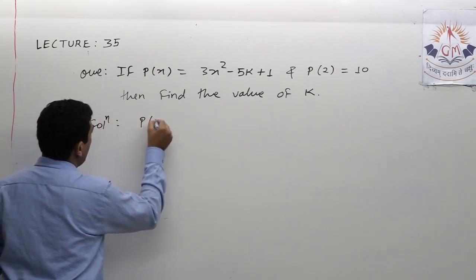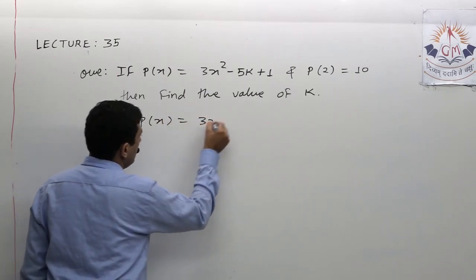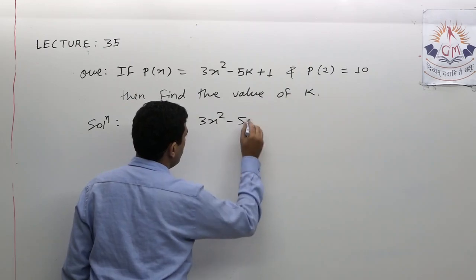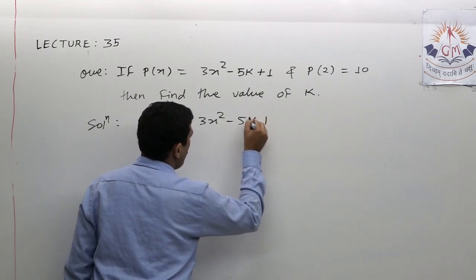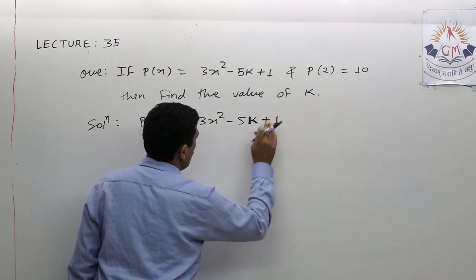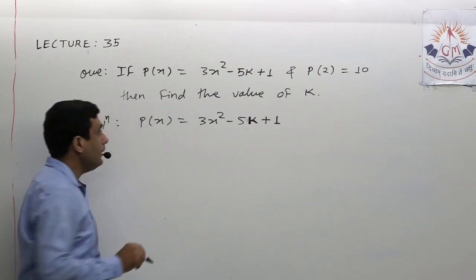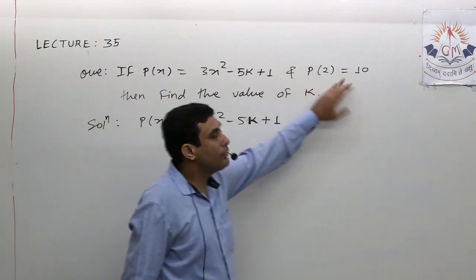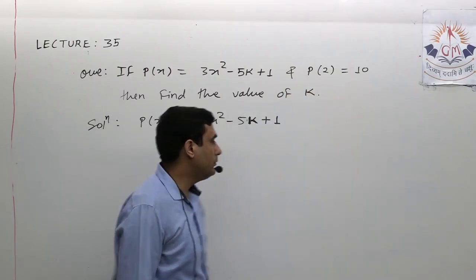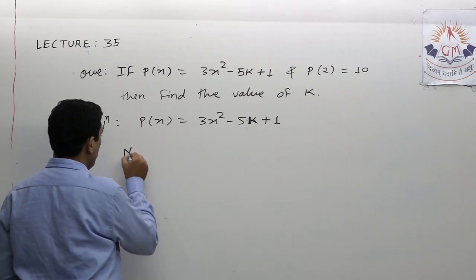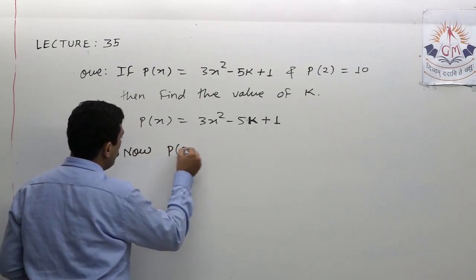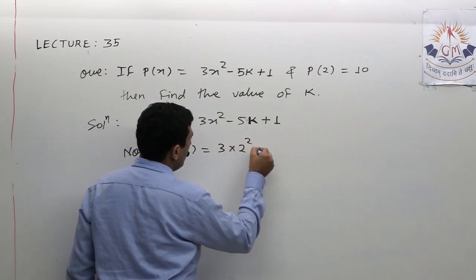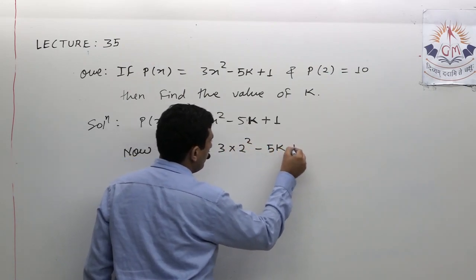See, we have p of x is equal to 3x square minus 5k plus 1. This is the value of p of x. Now they are saying p of 2 is equal to 10. So let us find p of 2. We know how to find p of 2. So p of 2 is equal to 3 into 2 square minus 5k plus 1, isn't it?